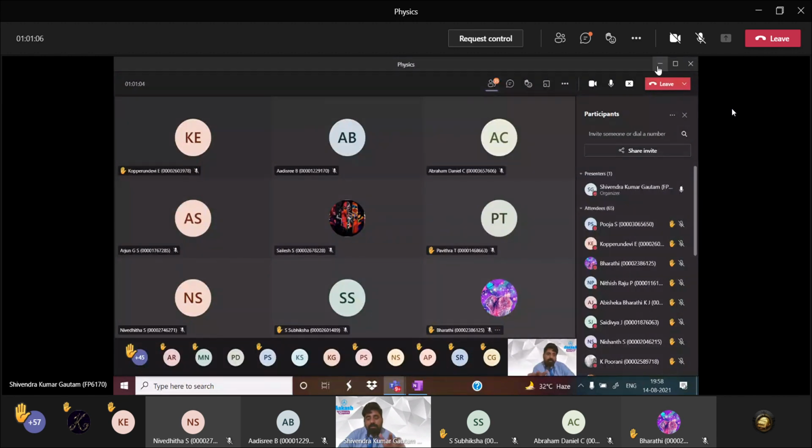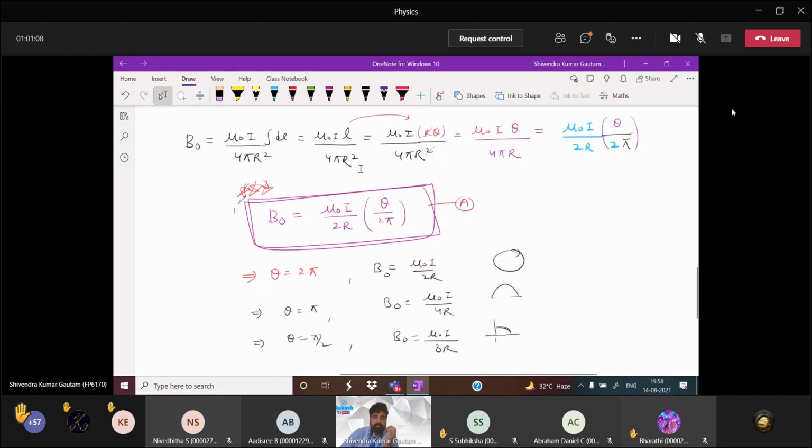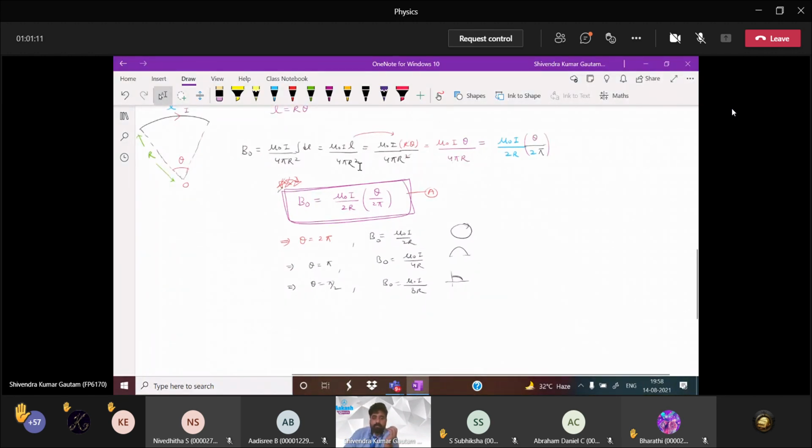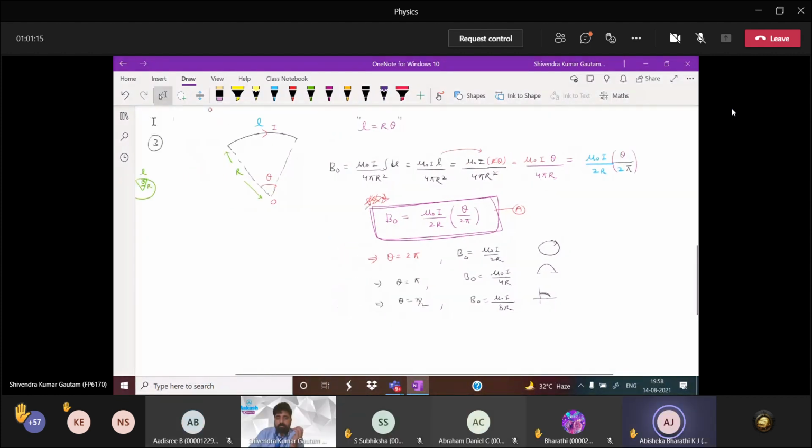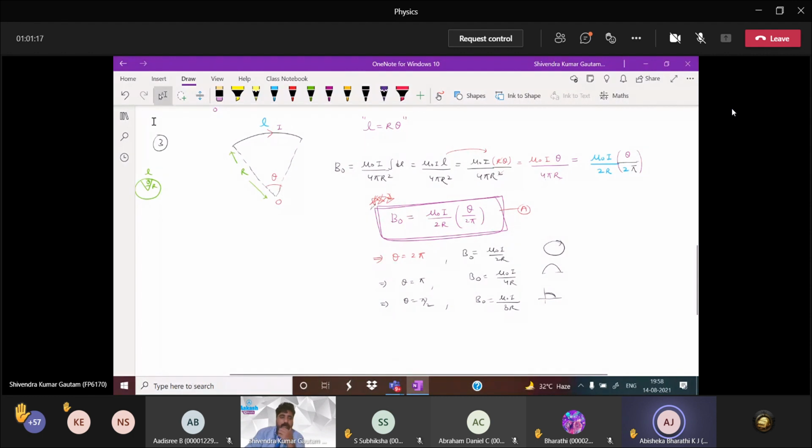Note it down. Magnetic field due to arc.